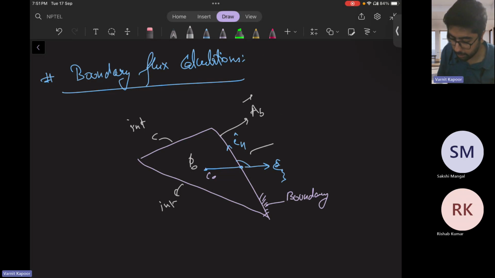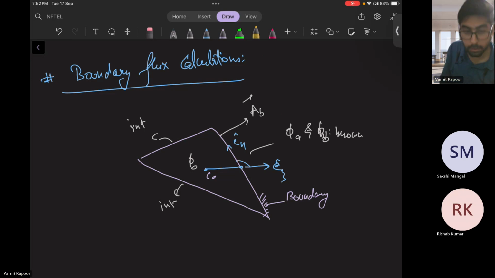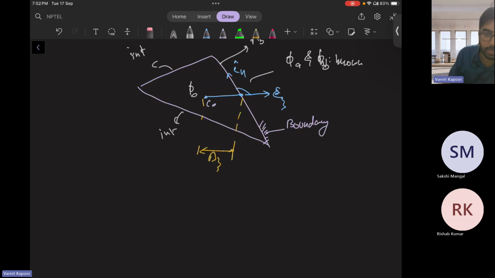So at the boundary here, phi A and phi B are known, right? This is how much? Zeta direction, that means del zeta. When you write the discrete equation for this, how will you write? You will have internal faces connected to internal cells as well as the boundary cell.